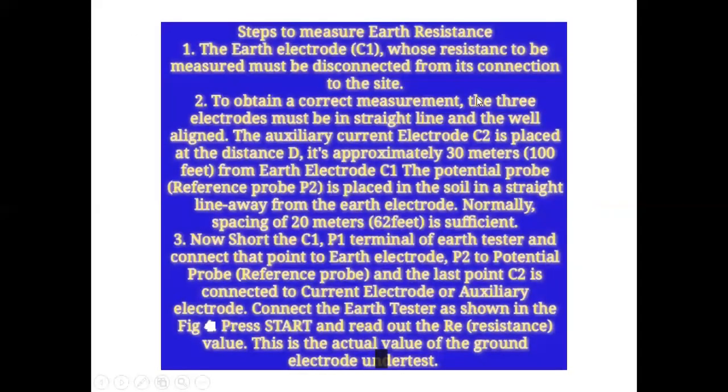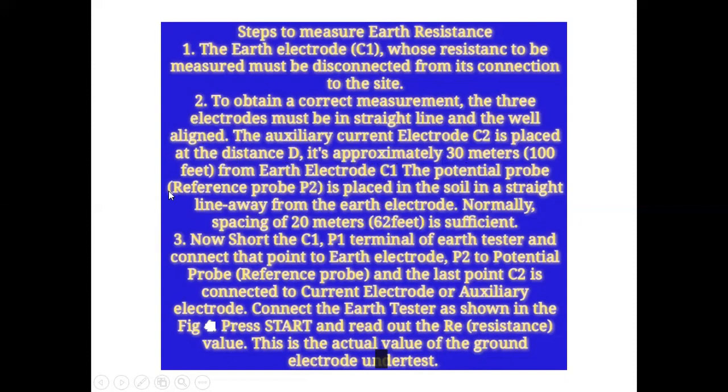Then, to obtain a correct measurement, the three electrodes must be in a straight line and well aligned. The auxiliary current electrode C2 is placed at a distance D, approximately 30 meters or 100 feet, from earth electrode C1.